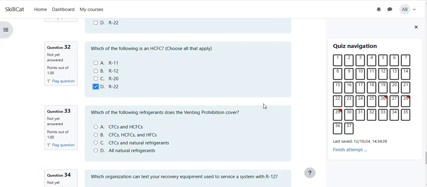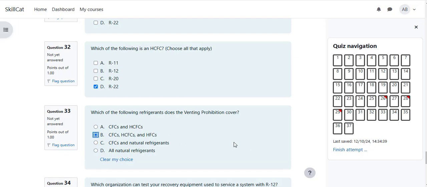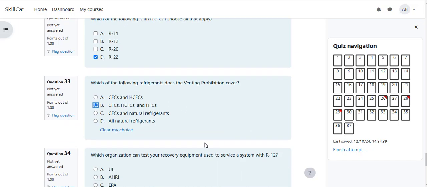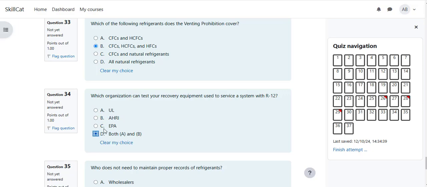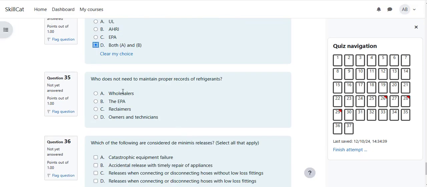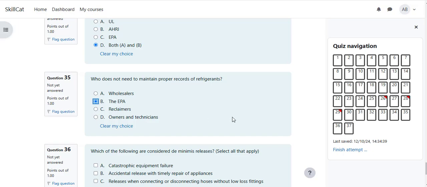CFC and HCFC. Which organization can test your recovery equipment used to service systems with R12? Both UL and ARI. Who doesn't need to maintain proper records of refrigerant? Say EPA.